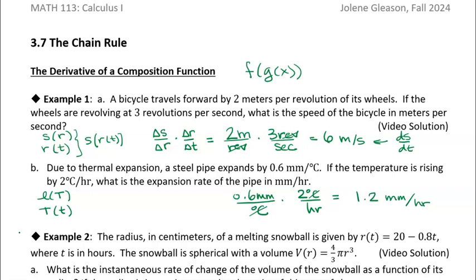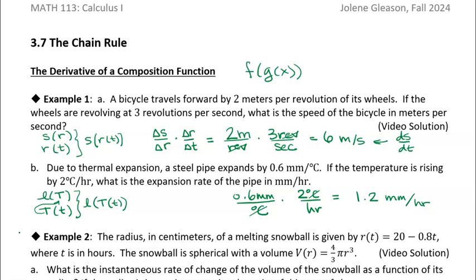And if we were to put those together, we can feed the output of the temperature function into the length function. So we're going to get a composition of two functions, and that composition will have an input of time and an output of length.